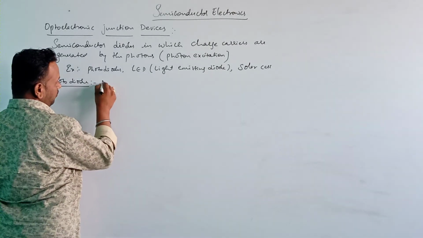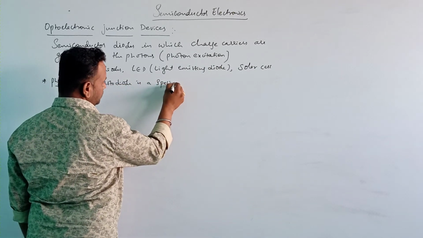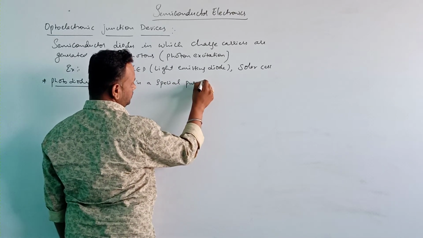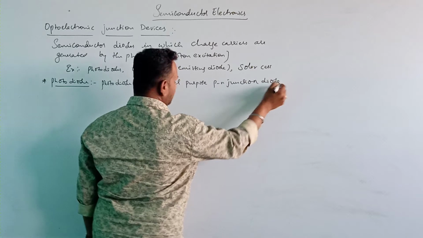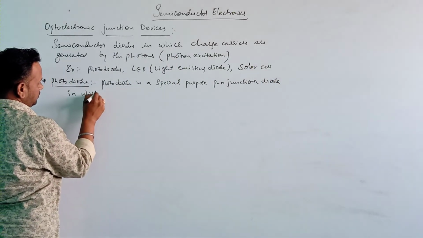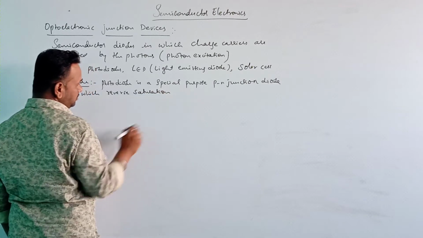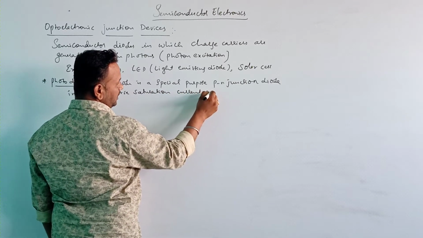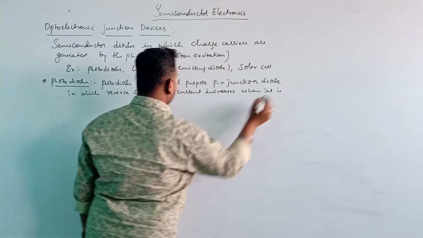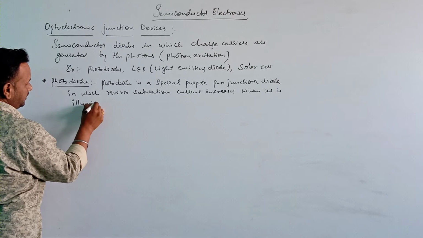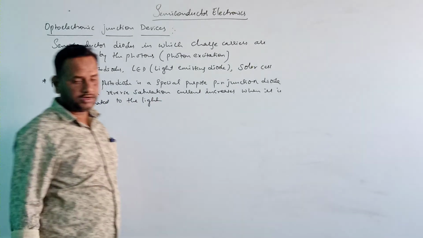I am writing the definition. Photodiode is a special purpose PN junction diode in which reverse saturation current increases when it is illuminated to light.